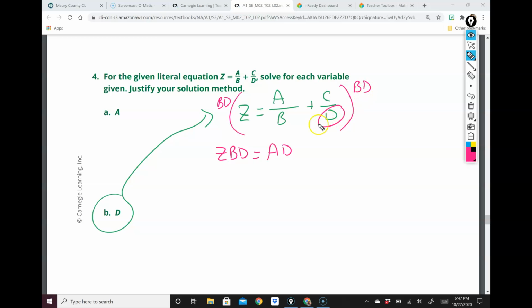Here my D's cancel out, and that would give me BC. So remember what you're solving for. We're trying to solve for D. So we're going to subtract BC.